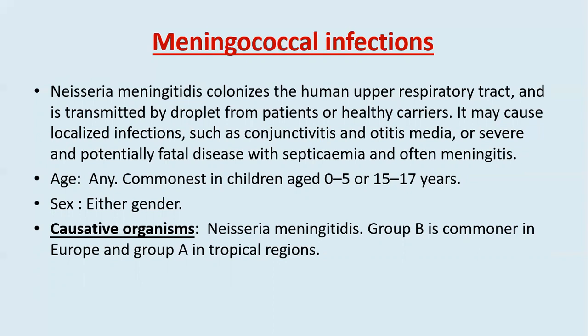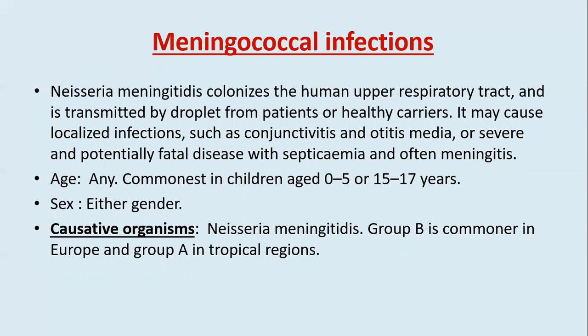Neisseria meningitidis colonizes the human respiratory tract and is transmitted by droplets from patients or healthy carriers. It may cause localized infections such as conjunctivitis and otitis media, and severe and potentially fatal disease with septicemia and often meningitis.